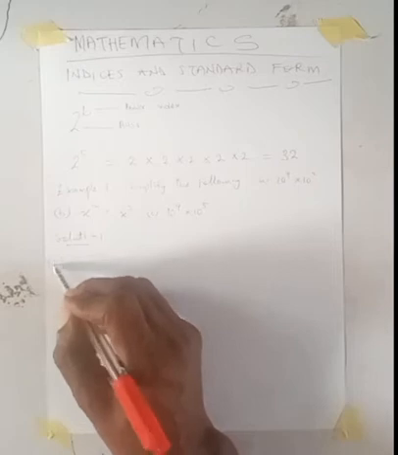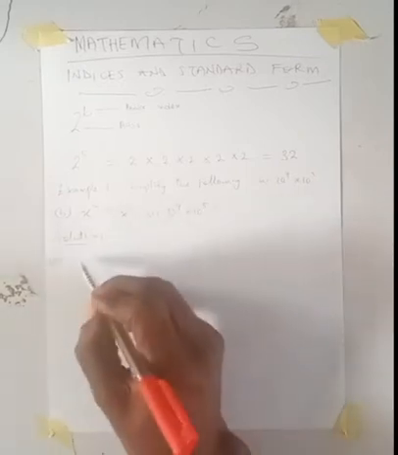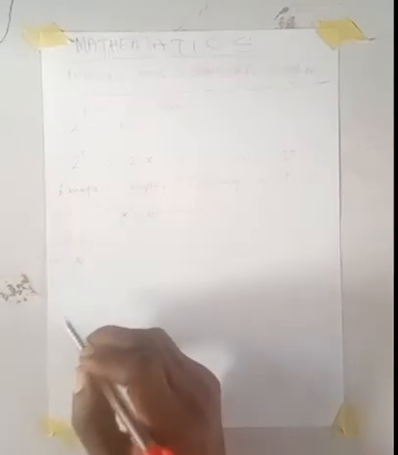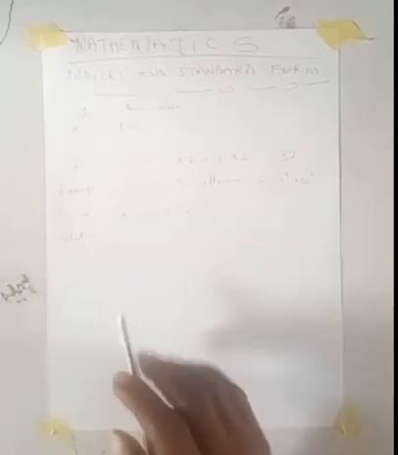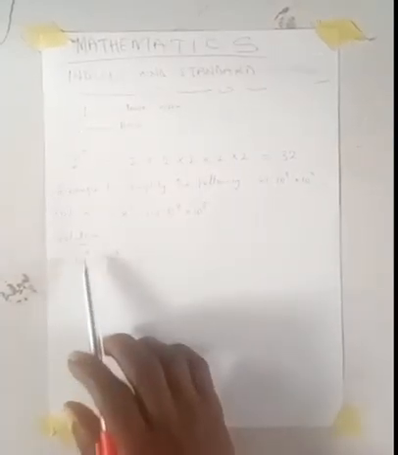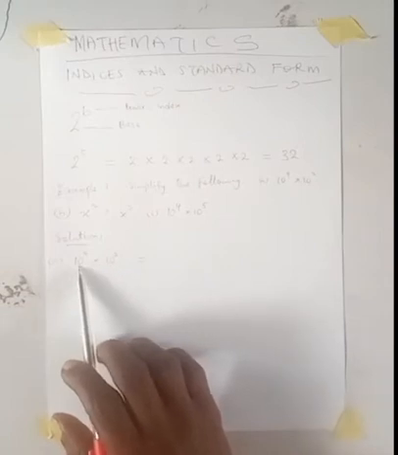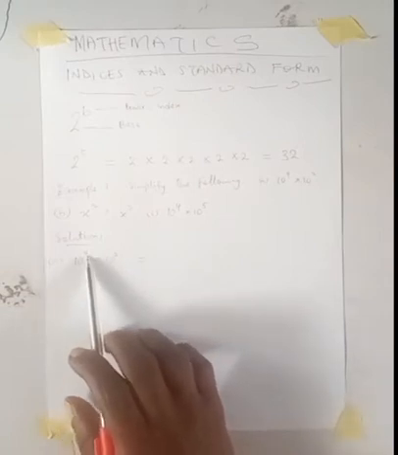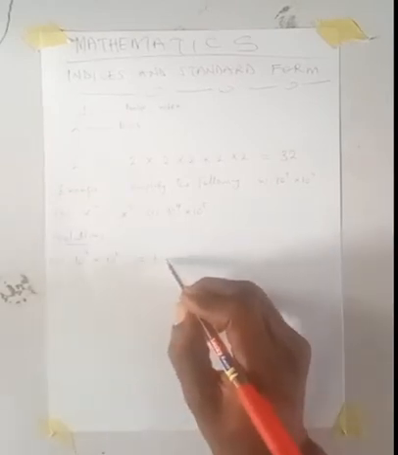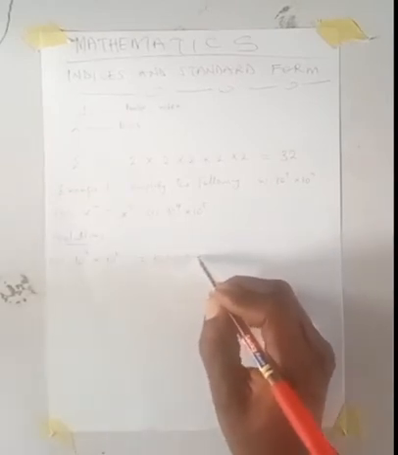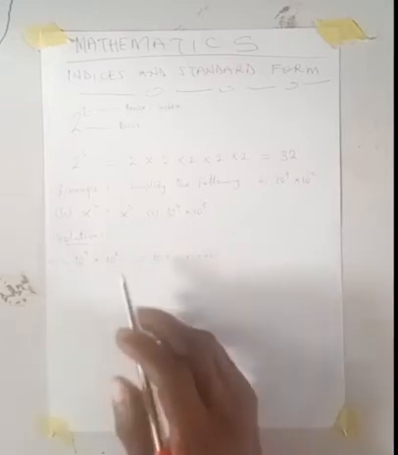Number A, what I have is 10 raised to power 4 multiplied by 10 raised to power 2. Now this is an instruction that this 10 should be repeated 4 times, so 10 raised to power 4 becomes 10 times 10 times 10 times 10.